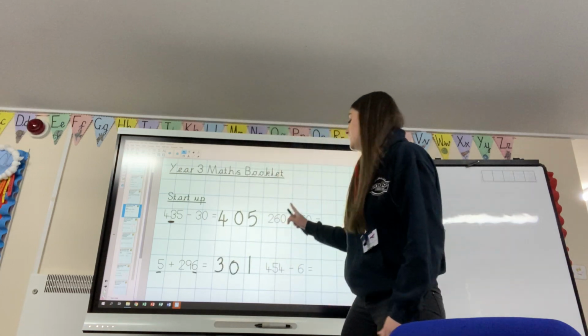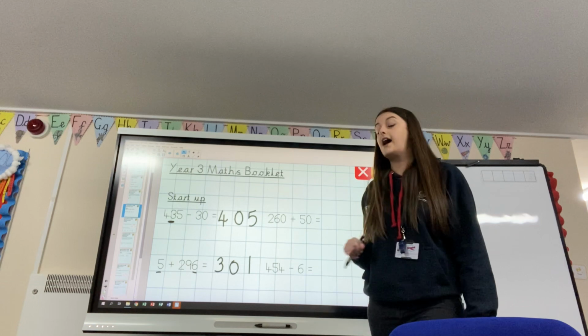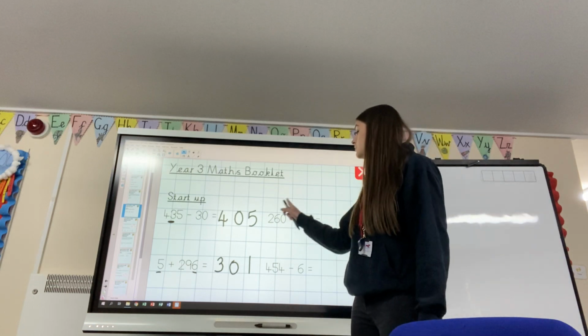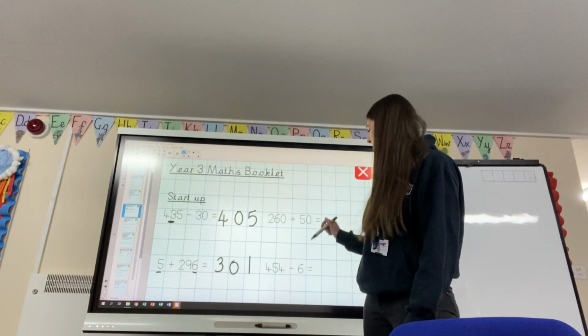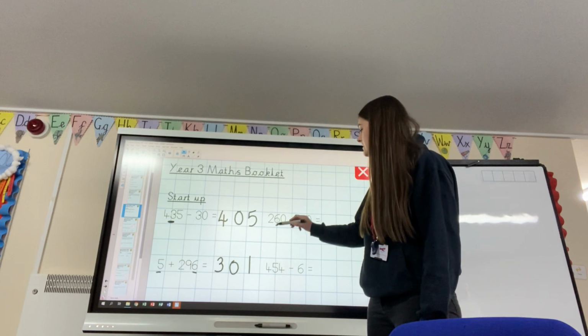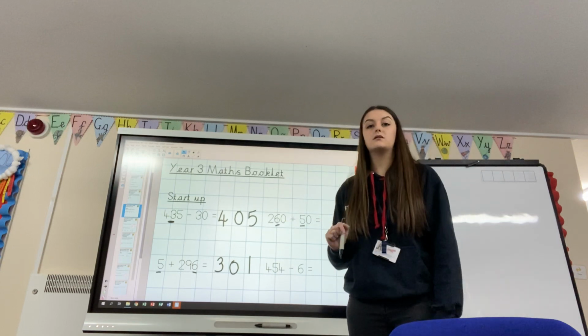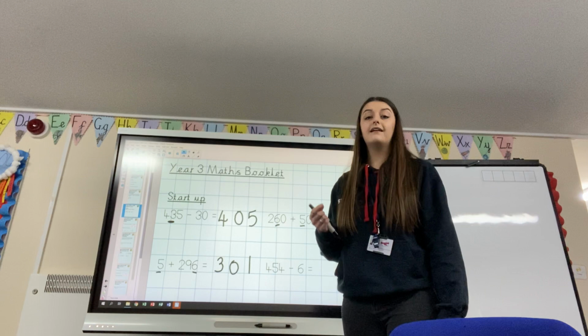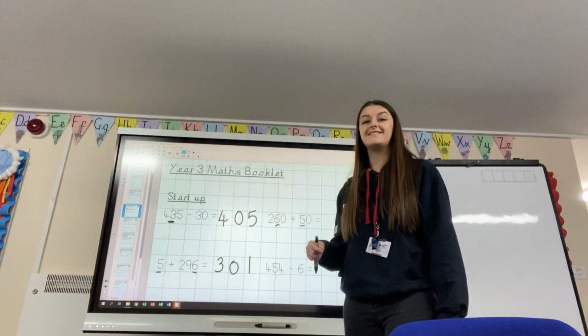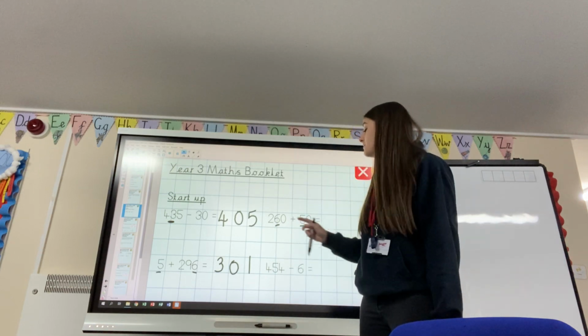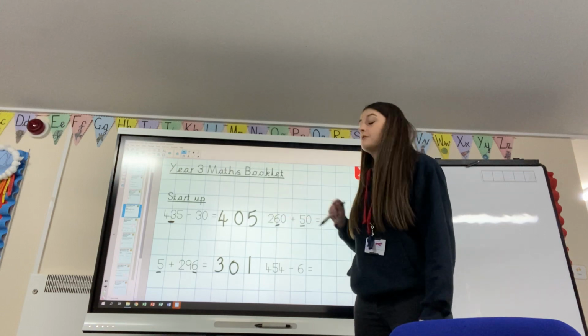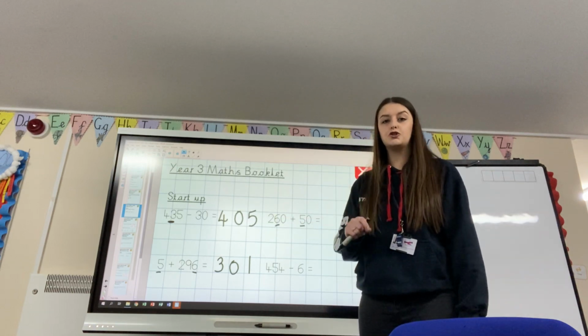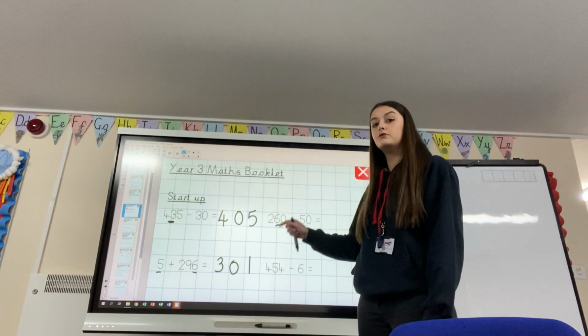So moving on up here, we've got another addition, and this time we're adding a multiple of 10 to our 3-digit number. But same again, if I have a look at my tens, 6 tens add 5 tens, I know that's 11 tens, and 11 tens is 110. So I know that's going to change my tens column. Now some of you may have added that straight away and just know that that then equals 310.